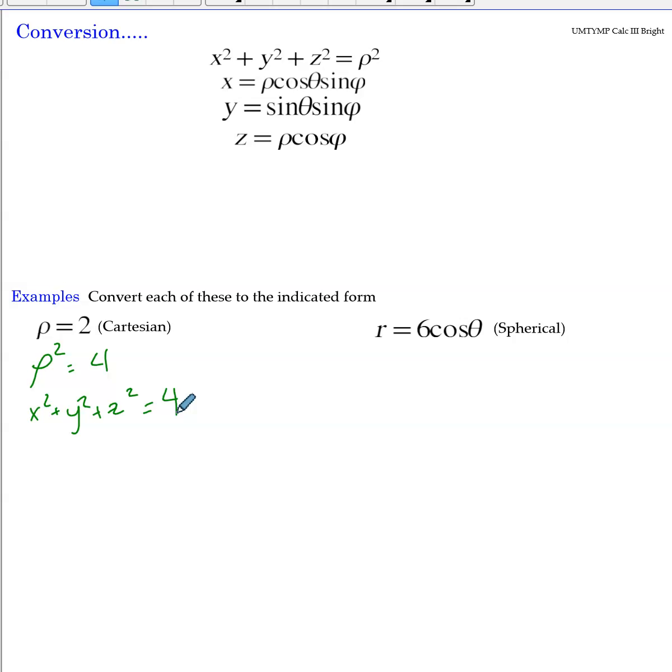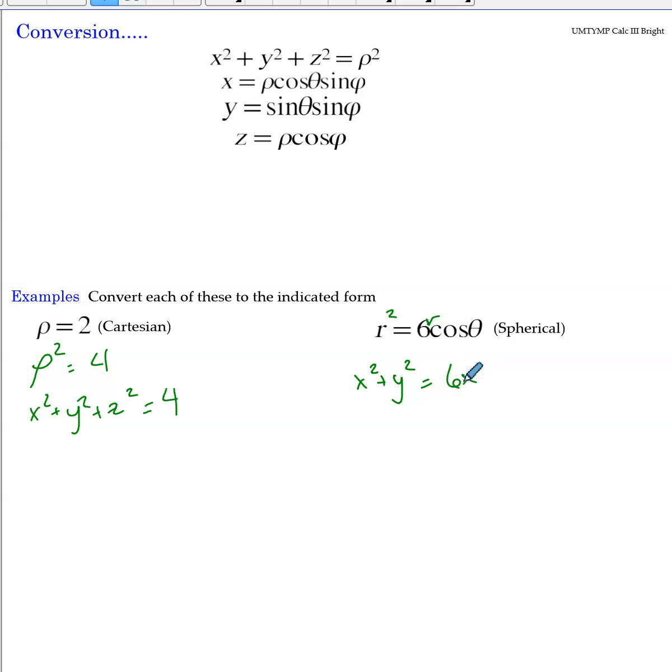Okay, but now this next one, this one's a little wonky. So if we start with this, this is in cylindrical, so I would multiply by r on both sides, so I get an r squared here, and this would be 6r cosine theta, so this is really x squared plus y squared is equal to 6x.